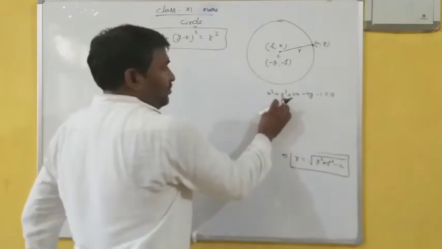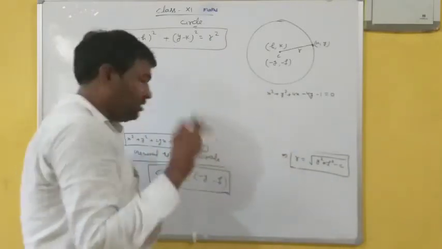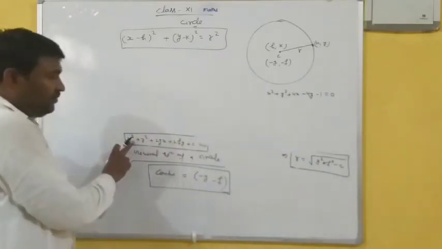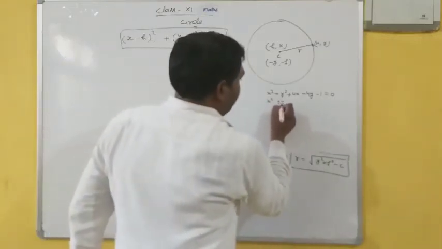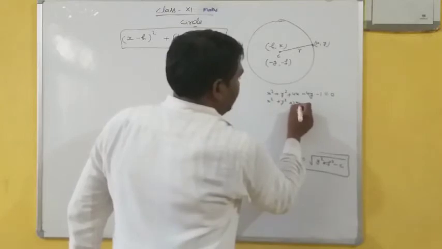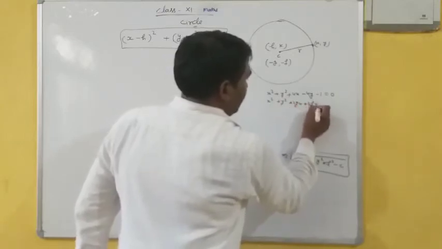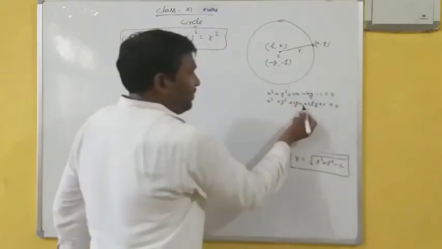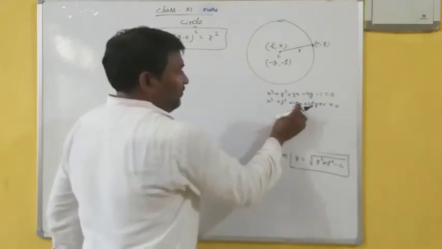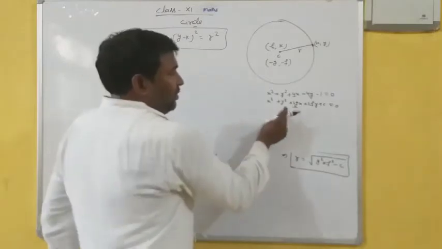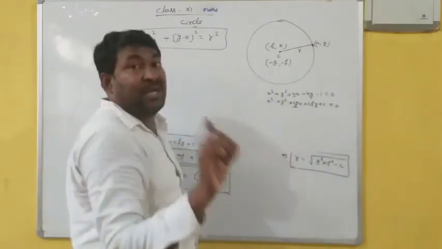Here the x square and y square coefficients are 1, as in the case of the standard equation. Therefore, comparing it with the standard one, x square plus y square plus 2gx plus 2fy plus c is equal to 0. Here the coefficient of x is 4, and there it is plus 2g. You have to compare with sign.